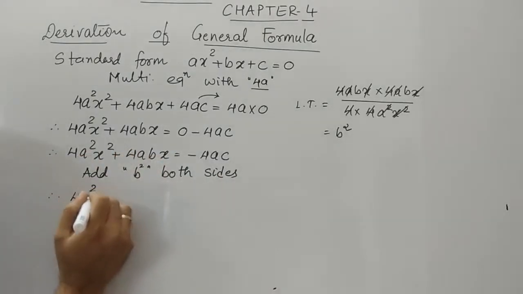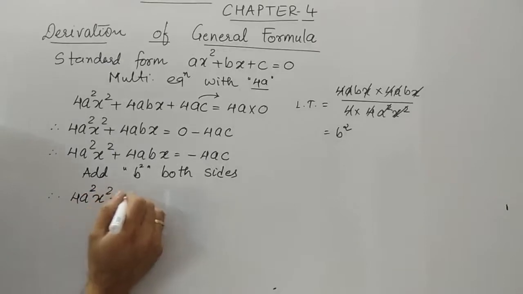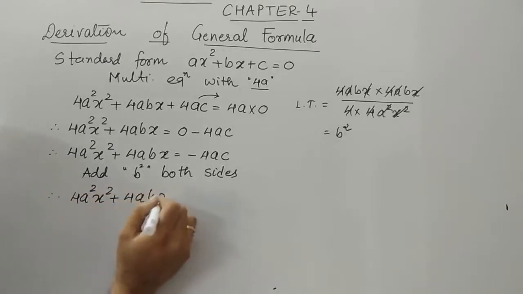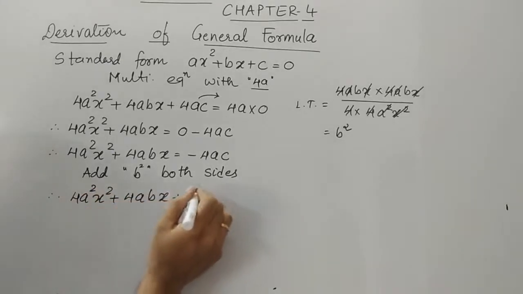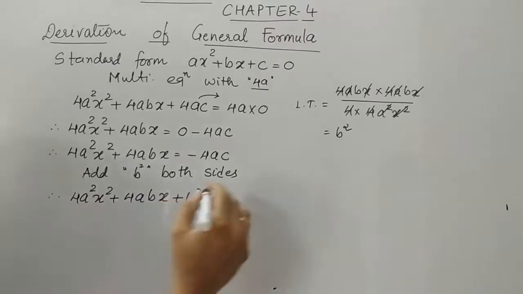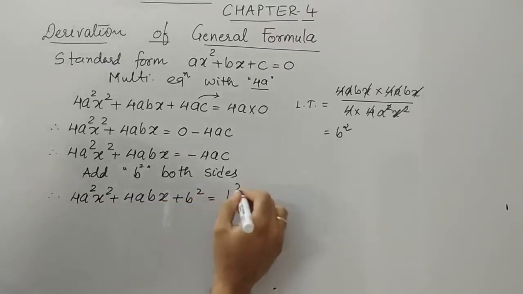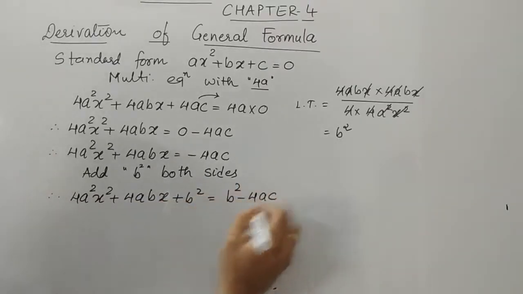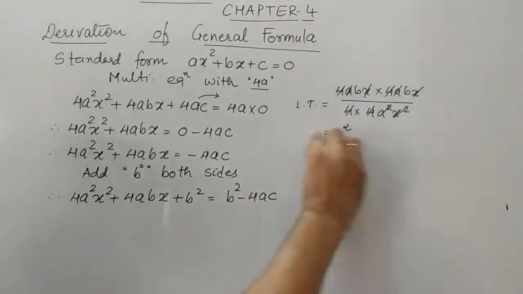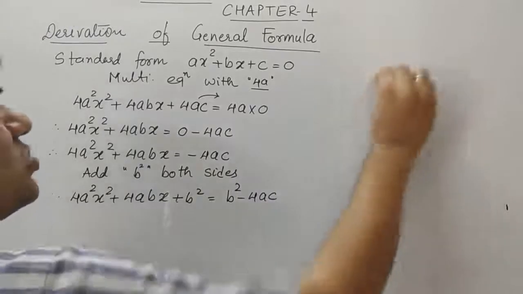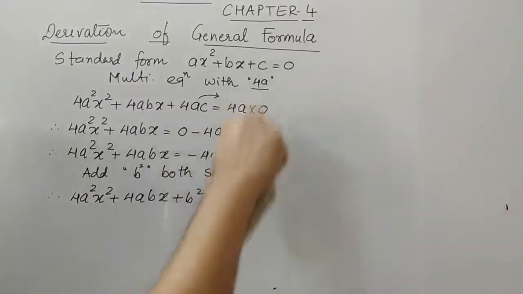So it becomes 4a square x square plus 4abx plus b square, a perfect square trinomial, equal to b square minus 4ac. So I hope you remember that and you understand what I have done here. Till here it is not so difficult, but you have to remember these two steps.